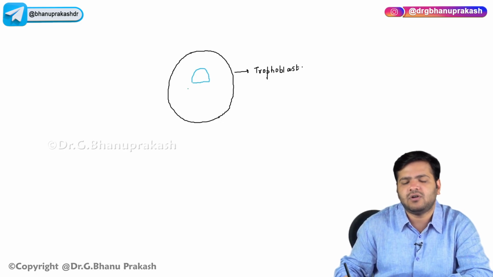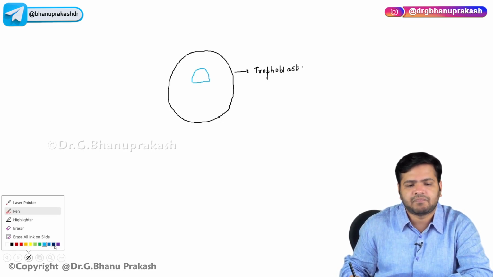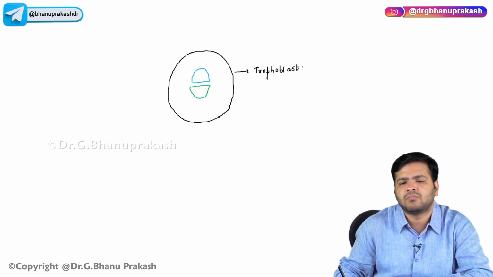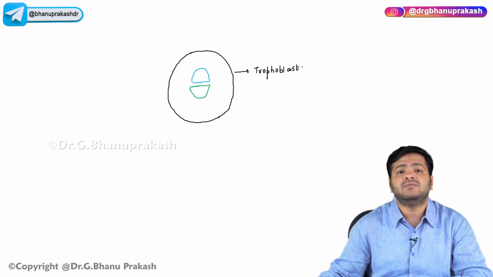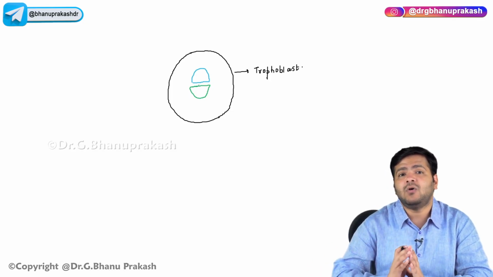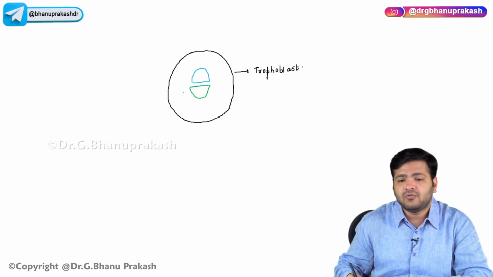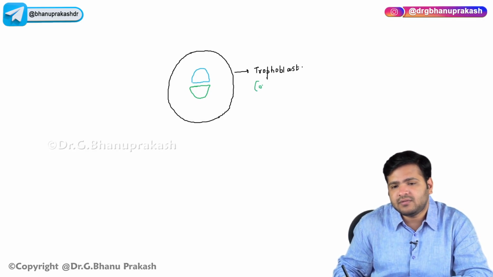You already know, I will not mark it again. Now, what will happen? This trophoblast will now divide into cytotrophoblast and syncytiotrophoblast. Now, trophoblast is nothing but the outer cell mass only.